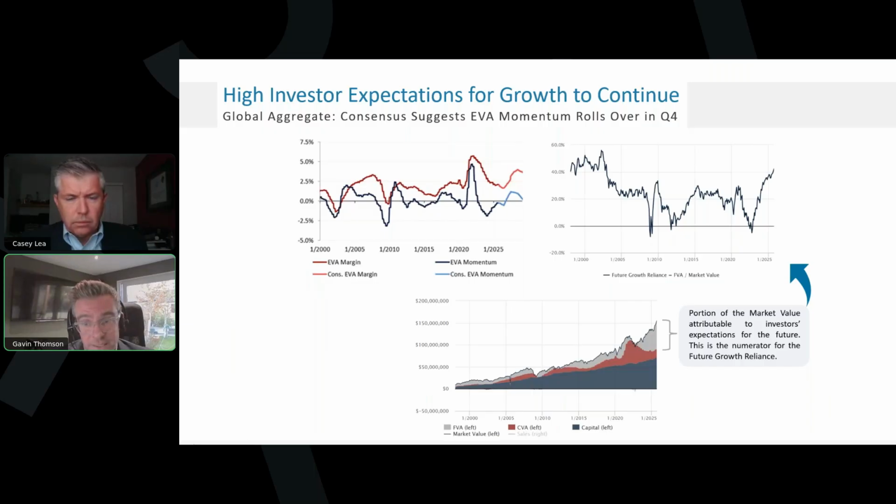So if consensus is correct, that might be a bit of a short-term shock for the market. But we know that equity markets should be discounting mechanisms and should be looking at 6 to 12 months ahead.